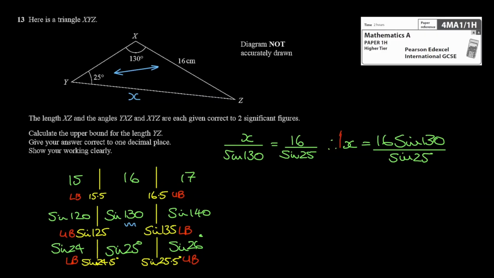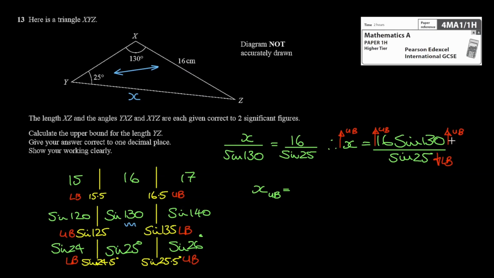So if we want to find the upper bound of x, we want the upper bound of 16 and also the upper bound of sine 130. But the sine 25, we need to have it at its lowest value, such that then the sum will become greater. So this one needs the lower bound.